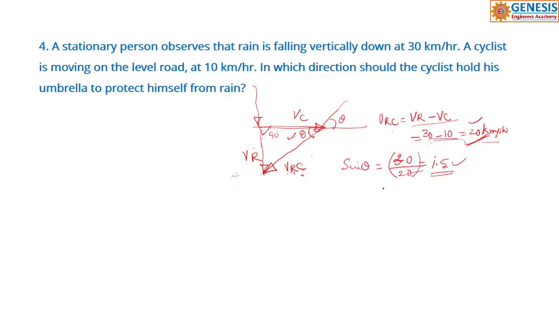So what is VRC? These are acting at 90 degrees. So, got my point, 10 square plus 30 square is equal to 1000, under root, which is going to be 10 root 10. That is VRC.